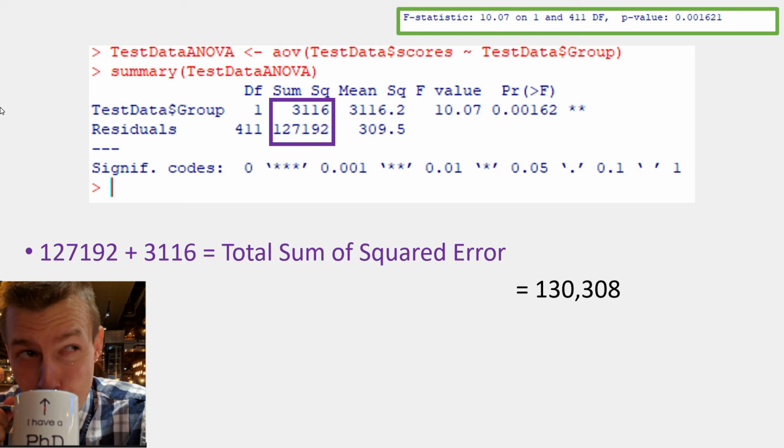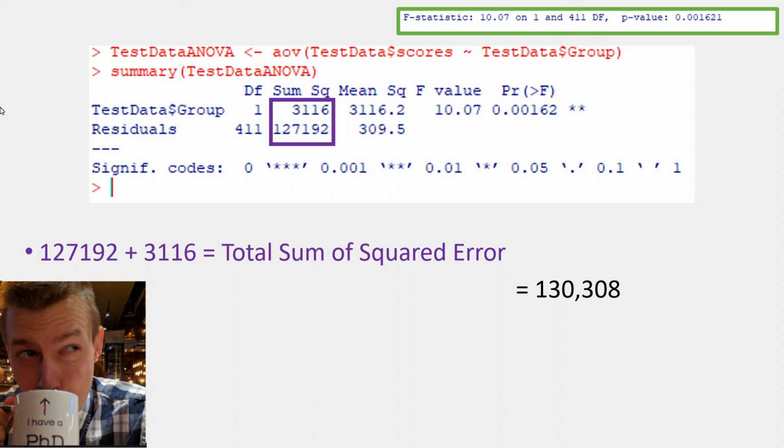In this case, the following descriptions are all equivalent. This is the sum of squared residuals of the slopeless regression model. This is the error when using only the mean of y for prediction, or this is the error when using the grand mean for prediction.